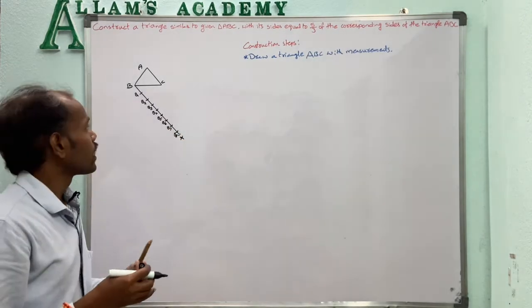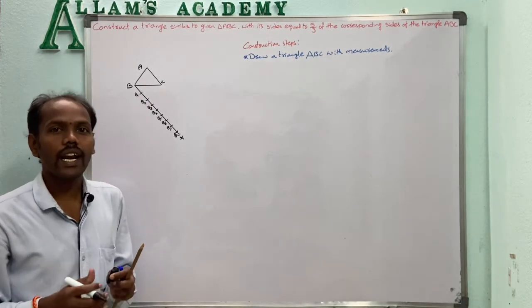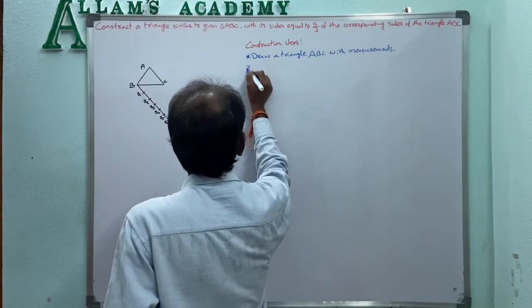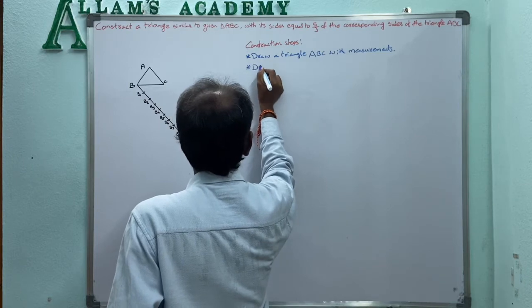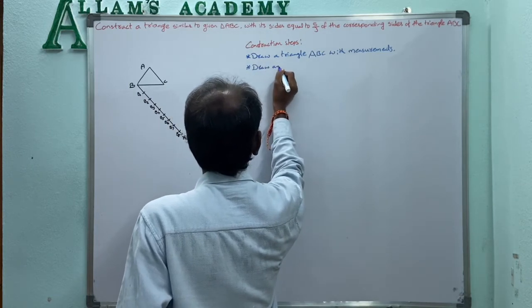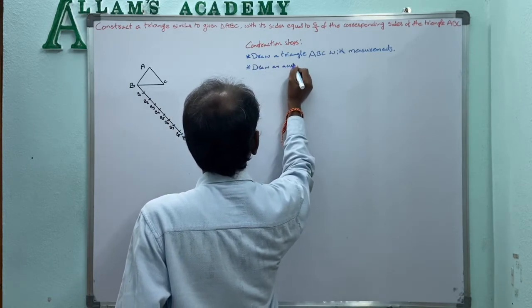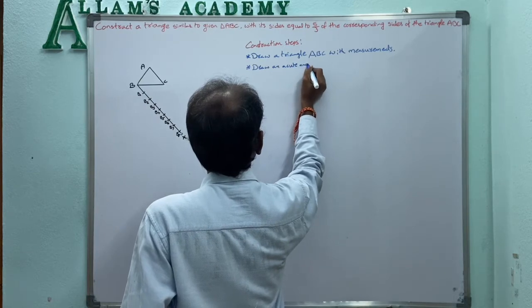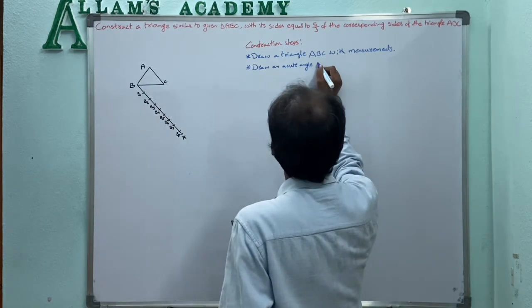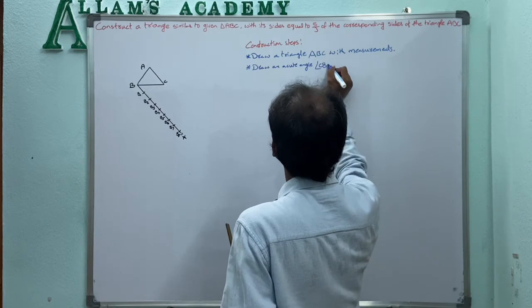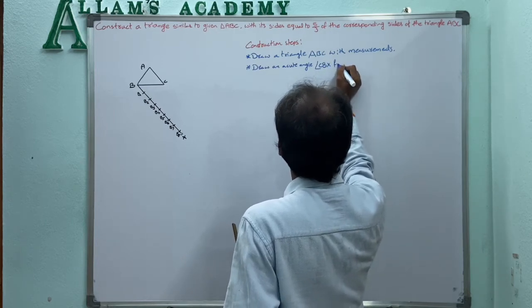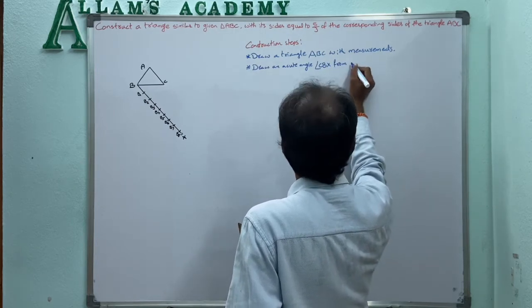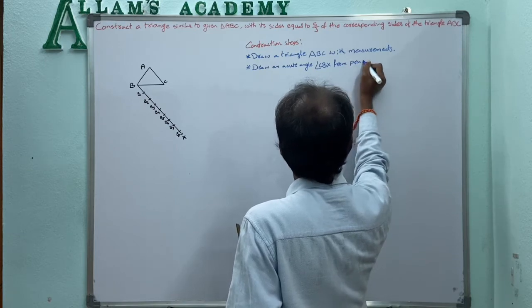Now write this information: draw an acute angle CBX from point B.